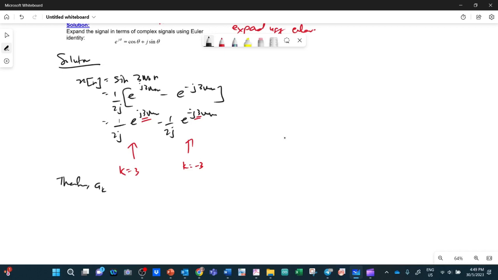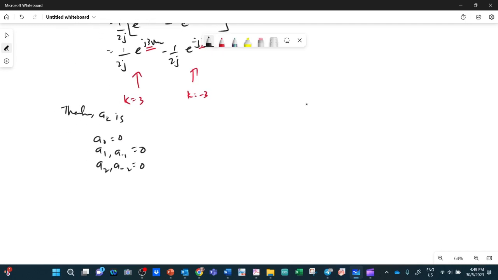Therefore, the Fourier coefficient a0 is 0, a1 and a minus 1 are 0, a2 and a minus 2 are 0.